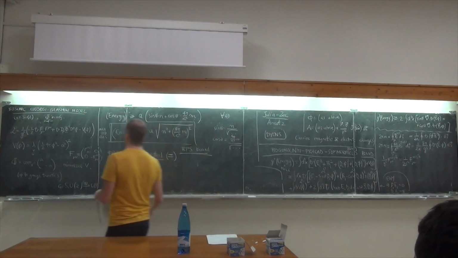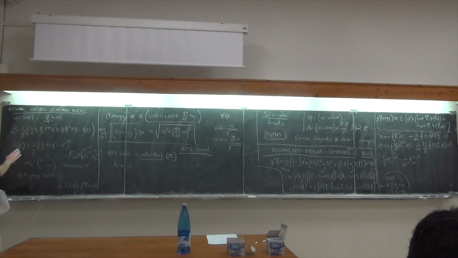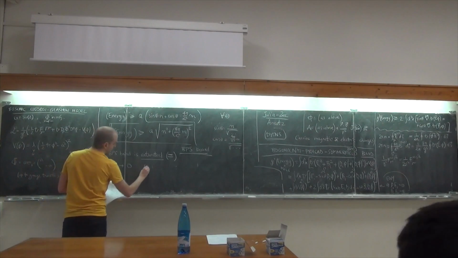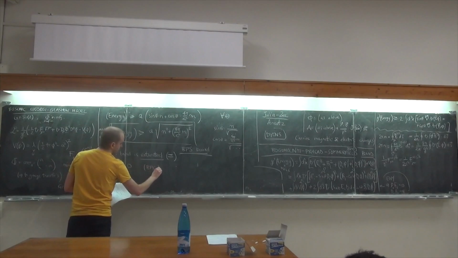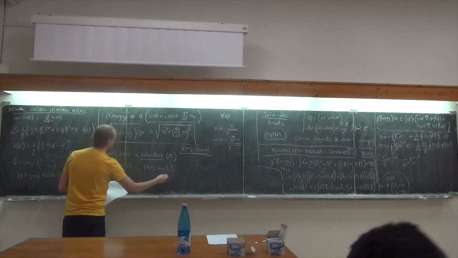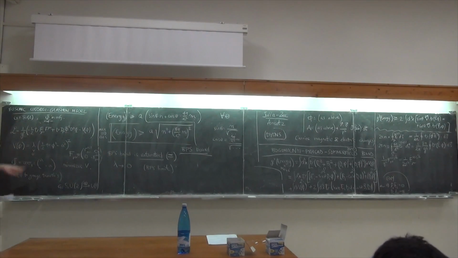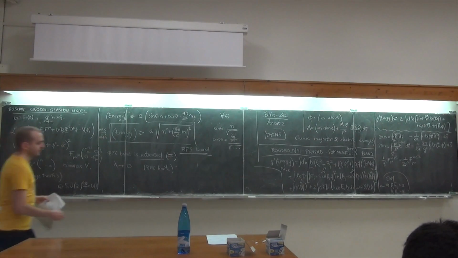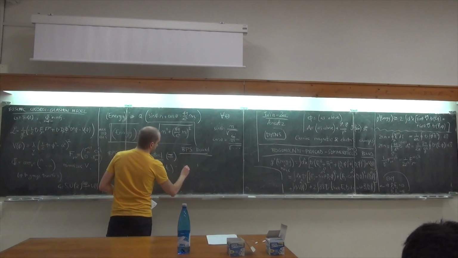So first of all, I need to send the potential energy to 0, so I need lambda to 0. This is called the BPS limit. What is meant by this is that you send the coupling in front of the potential to 0, but you keep the expectation value fixed to A, which looks a bit arbitrary now.